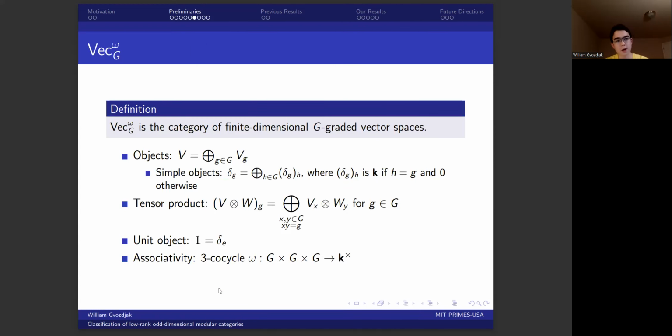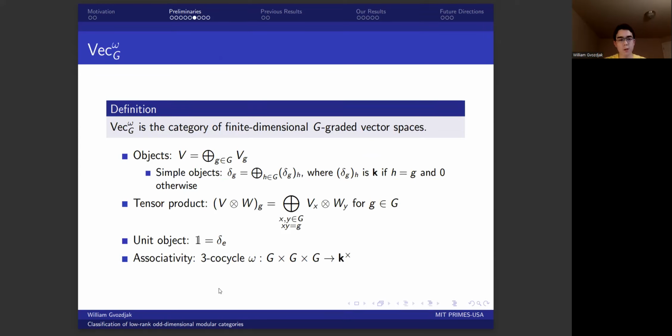Next, I will define this concept that we were seeing in the first few slides of the preliminaries. It's this idea of Vect G to the omega. We say that Vect G to the omega is the category of finite dimensional G-graded vector spaces. The objects inside of this category are vector spaces V that have this additional structure of a grading.